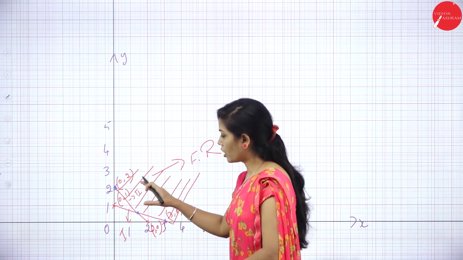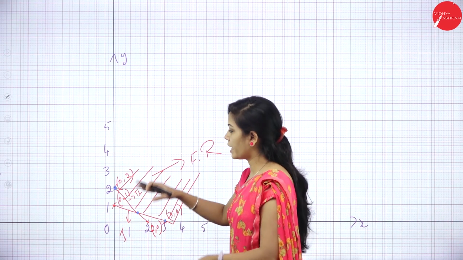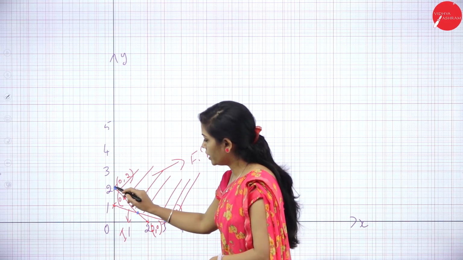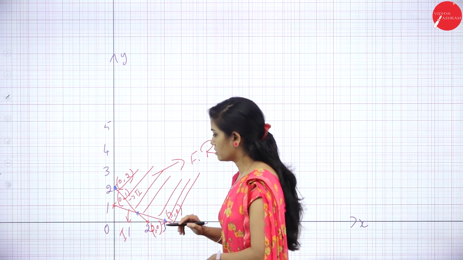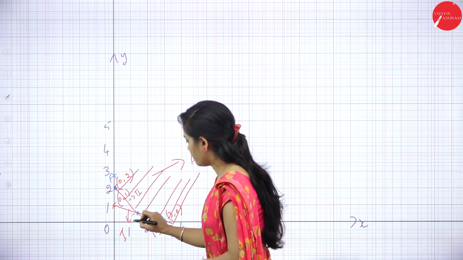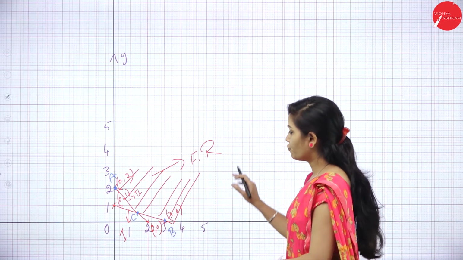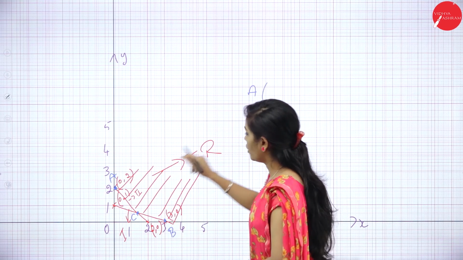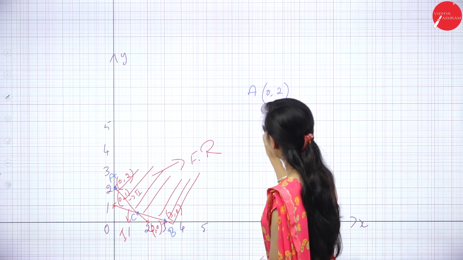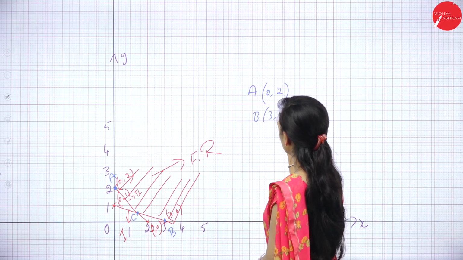So here we got 3 corner points, because it is above the constraint, meaning this area is my feasible region. The first corner point is A, then B, and I will make it C. The first corner point is A (0, 2), and the second corner point is (3, 0).